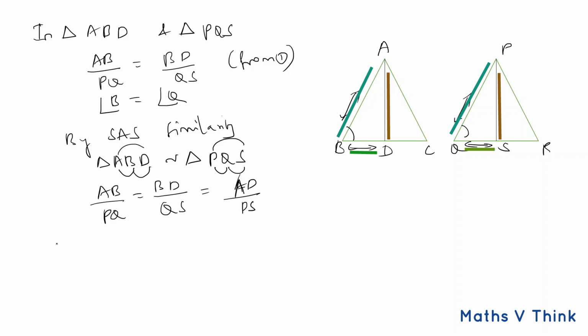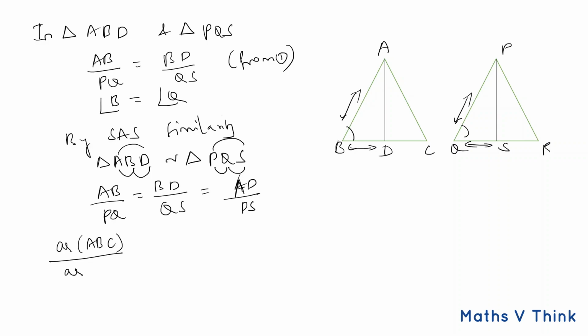Now, in the given they gave triangle ABC is similar to triangle PQR, so by the areas of similar triangles, can I tell area of ABC by area of PQR is equal to the square of the ratio of the corresponding sides.